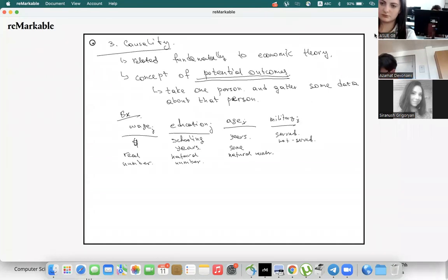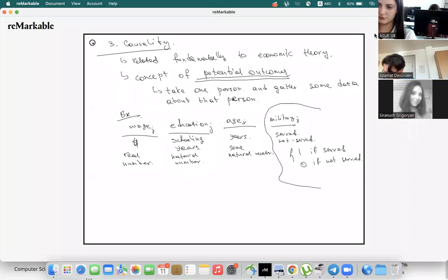Military can take either 1 if served, 0 if not served. But let's think about this military thing. When you gather data for this person J, you see one realization, right? You see that this guy served or this guy did not serve.